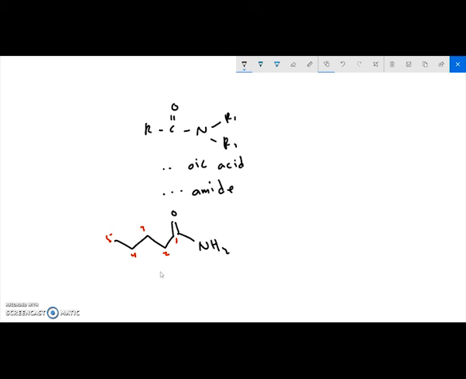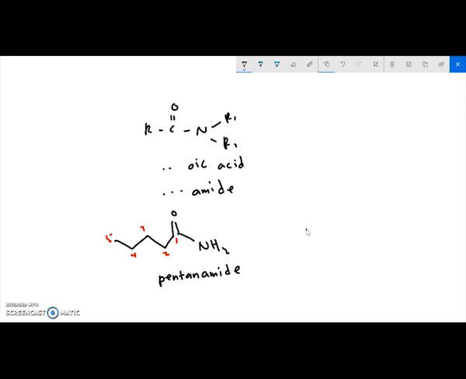If this was a carboxylic acid, the name would become pentanoic acid. However, we have changed the OH structure into NH2, so this will become pentane, and then just simply add amide at the back. So the oic acid will be replaced with amide. So this will become pentanamide.